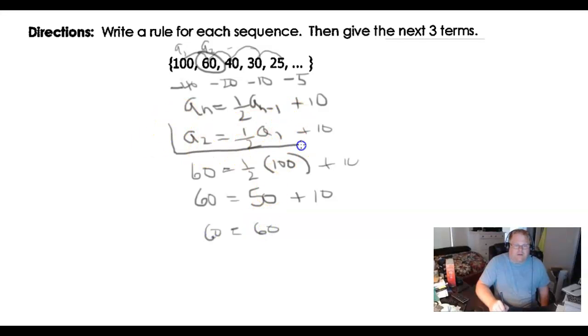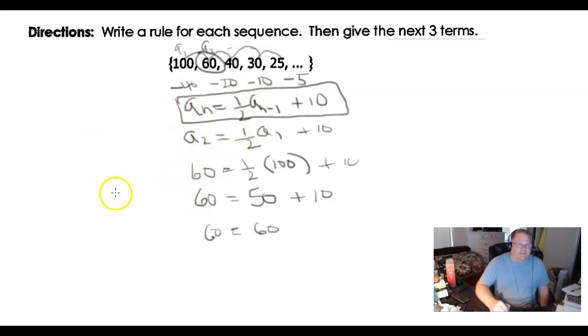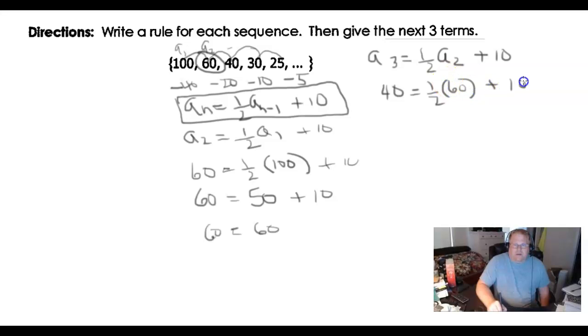So it looks like this is the rule, whoops, that's not the one I want to box up. This is the one I want to box up. This is the rule I'm going to try to follow. So let's try it. a sub 3 is equal to half of a sub 2 plus 10. a sub 3, which is 40, equals half of 60 plus 10. 40 is equal to 30 plus 10.